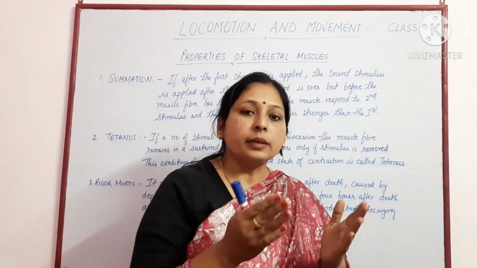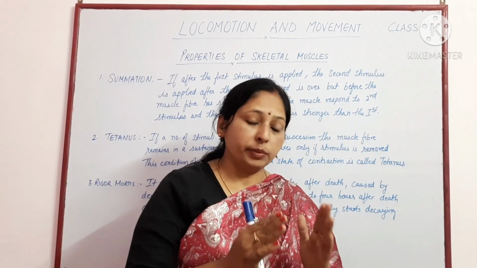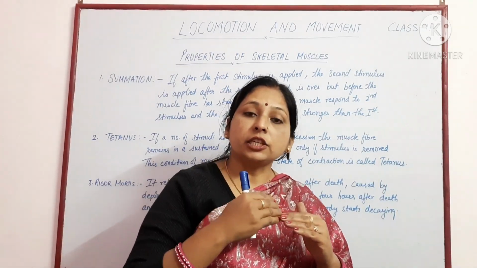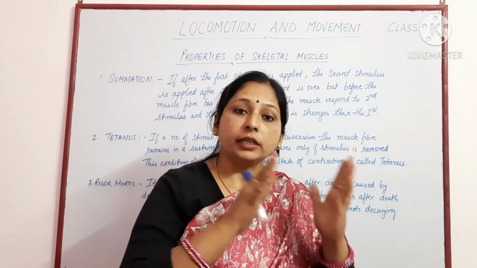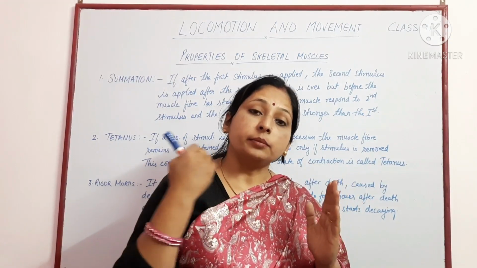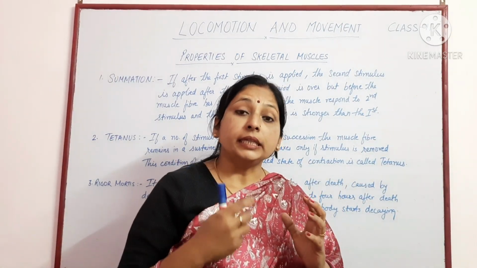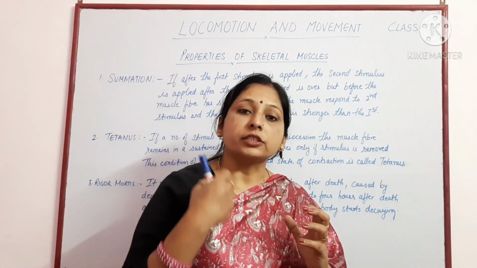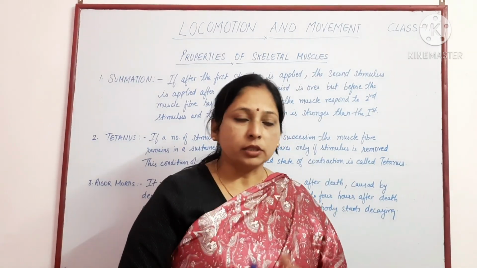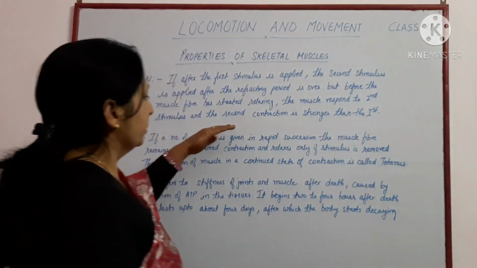The refractory period is over, but the relaxation is still continuing, it is not complete, and the second stimulus is given, then the muscle contraction is much stronger as compared to the normal contraction, and this is summation.